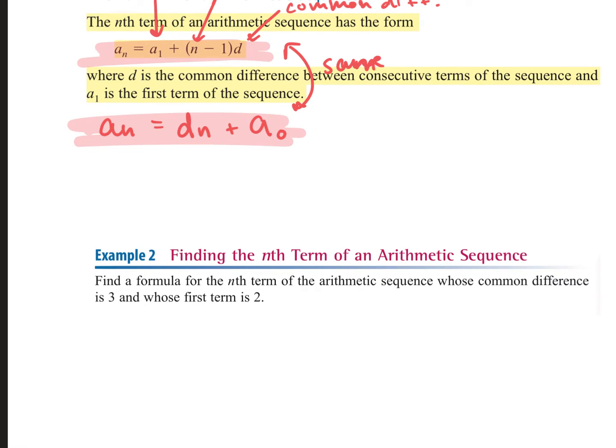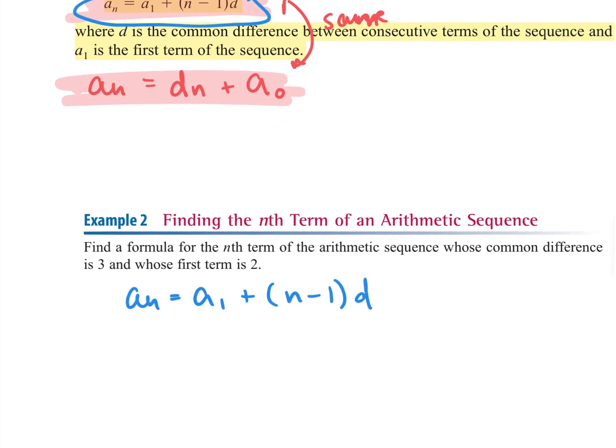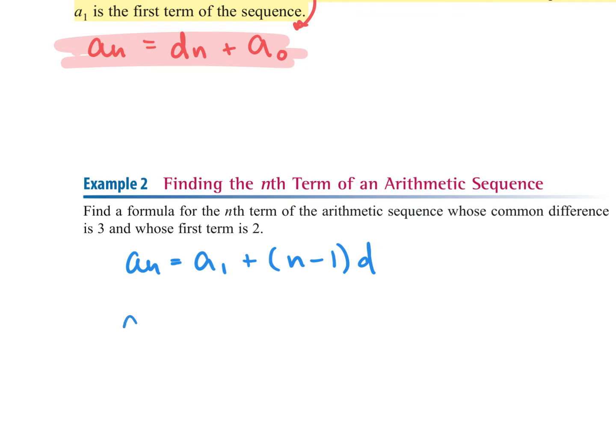Example 2: we want to find a formula for the nth term of the arithmetic sequence whose common difference is 3 and whose first term is 2. Since it gives us the first term, we want to use our first formula: a sub n is equal to a sub 1 plus n minus 1 times d. What's a sub 1? 2, because that's our first term.